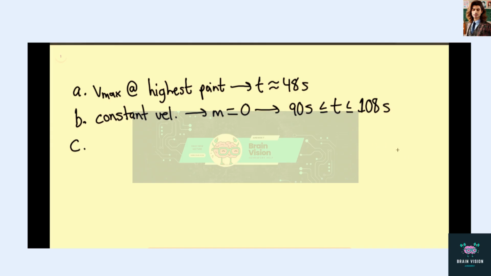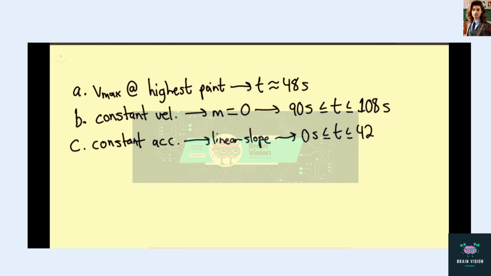At C, we have that the indication of a constant acceleration would be a constant slope. So this means that a constant acceleration would correspond to a linear slope. And here we have 3 periods where this occurs. So we have from 0 seconds to 42 seconds.